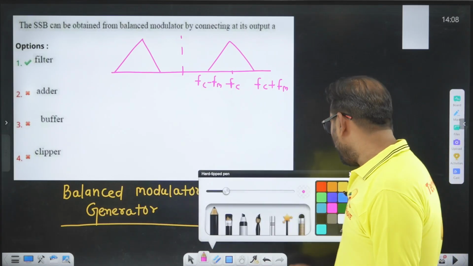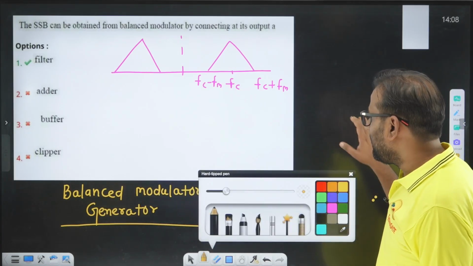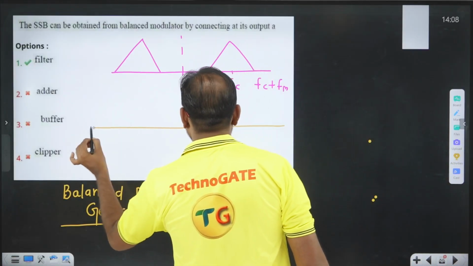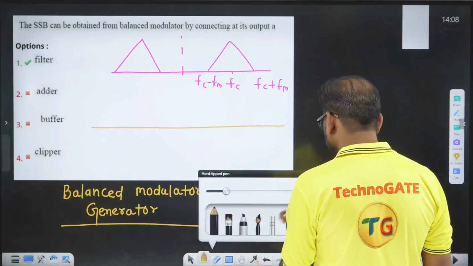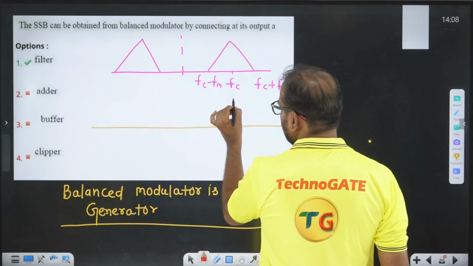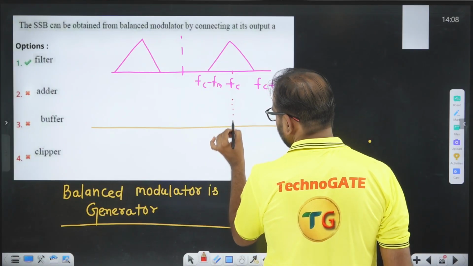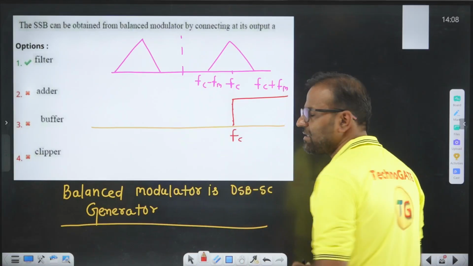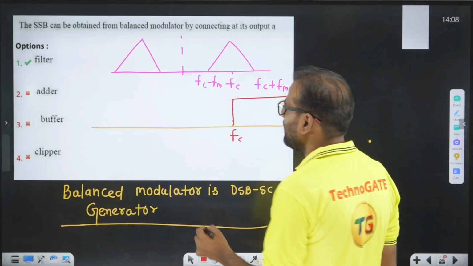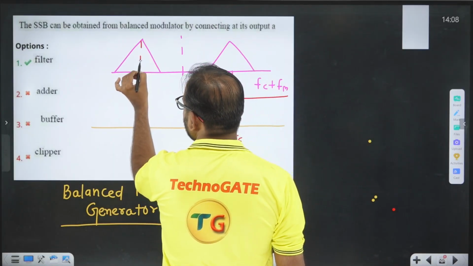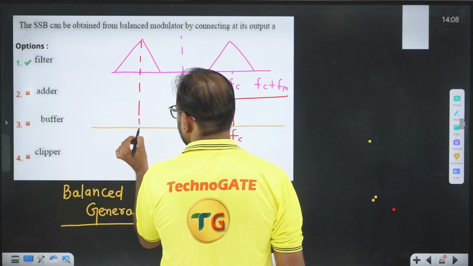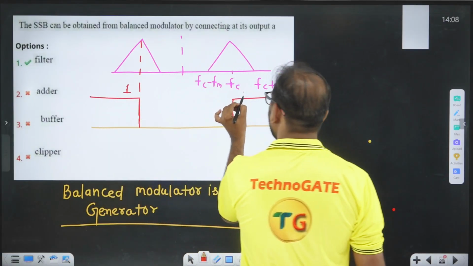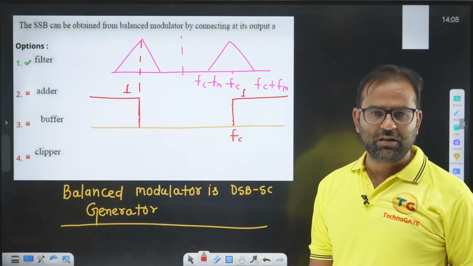Fine. Now what I am saying is that suppose we want to generate one SSB SC. So we will transmit only one sideband. So which type of filter will I use? If I use one high pass filter, which entertains the frequency only greater than fc, always remember all these frequency domain expressions are symmetrical.